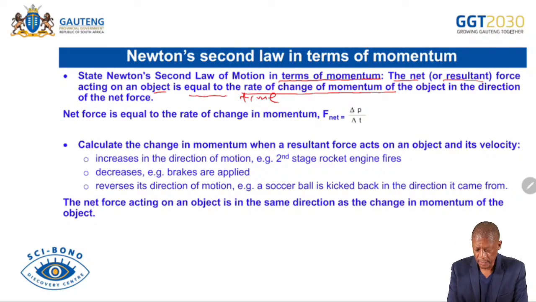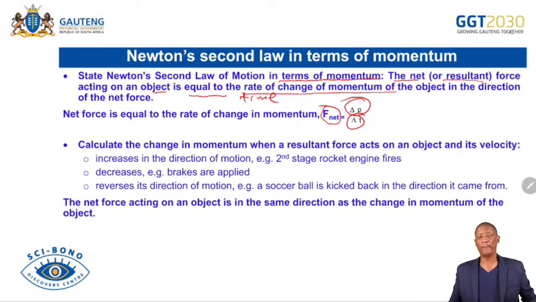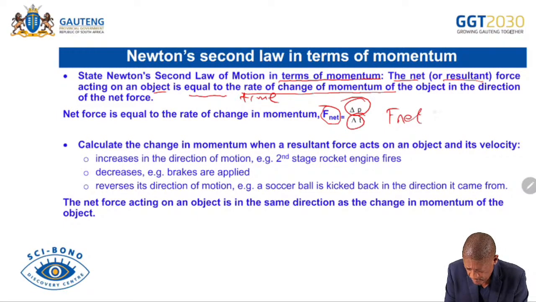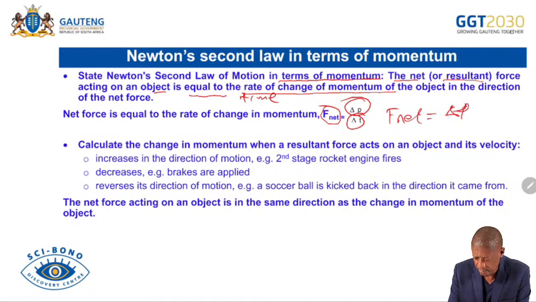Now, in other words, net force is equal to the rate of change. This is the rate of change of what? Change in momentum. So, it gives you the formula. This formula is net force equals delta P over delta T. We know delta P. What does it mean, delta P?